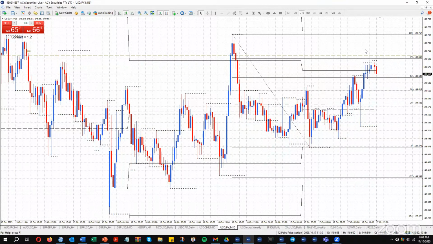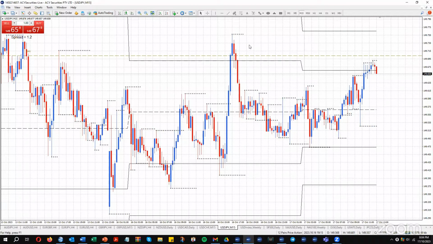For me, 150 is pretty much the roof. So if I wanted to trade, I'd be trying to structure, looking for where price declines and then looking for rally points, because I don't want to get long and trade above 150 or through 150.